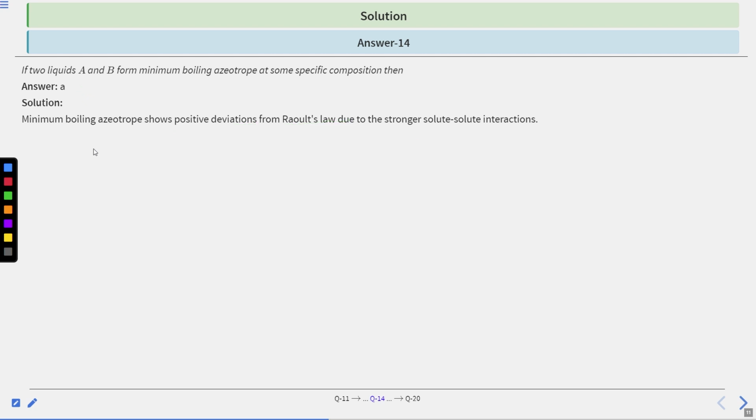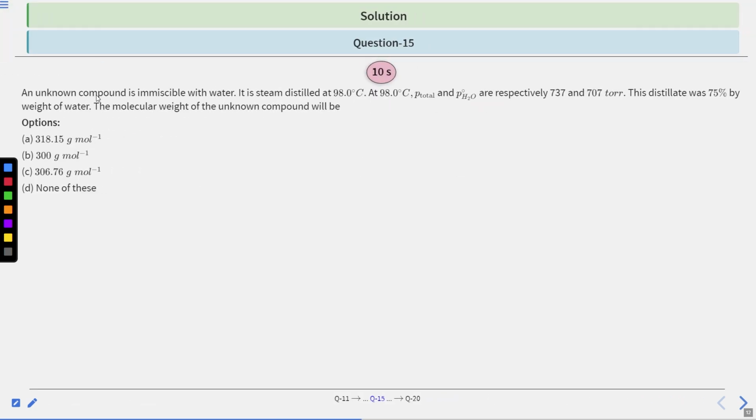Okay, let's move to question number 15. An unknown compound is immiscible with water. It is steam distilled at 98 degrees Celsius. At 98 degrees Celsius, the P total and P H2O, or total vapor pressure and vapor pressure of H2O, are respectively 737 and 707 torr. This distillate was 75% by weight of water.